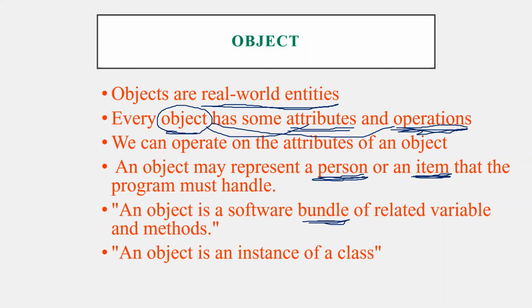Here bundle means it is a package, right? It is a package of two things. What are the two things? One is attributes, second one operations. Here they used some other words, variables and methods. Variables means attributes, methods means operations. Then an object is an instance of a class. We'll see later when we declare a class, we'll see how to create an object.